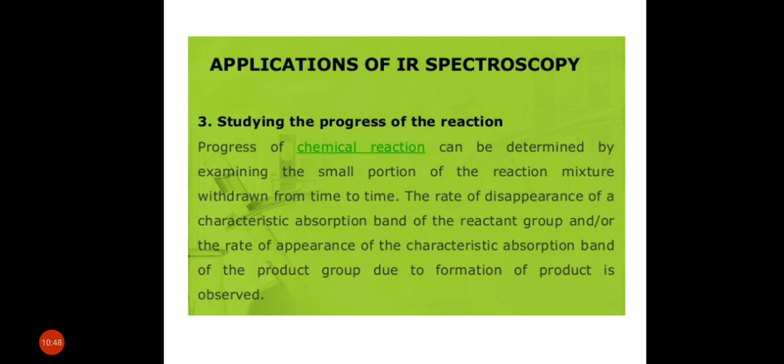The rate of disappearance of a characteristic absorption band of the reactant group, or the rate of appearance of the characteristic absorption band of the product group due to formation of product, is observed.